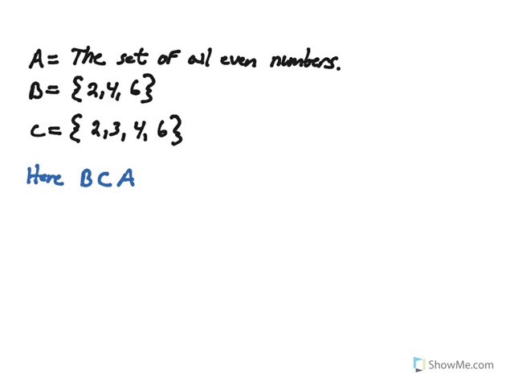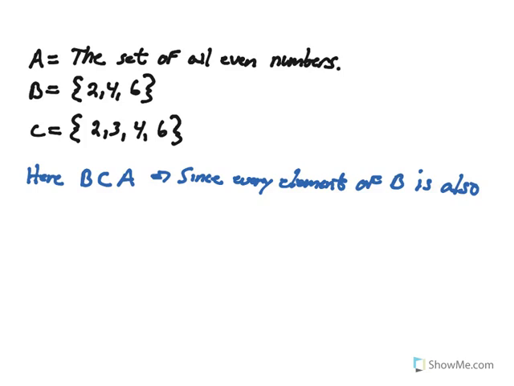Why? Because since every element of set B is also an even number, so we got to consider that too, right?